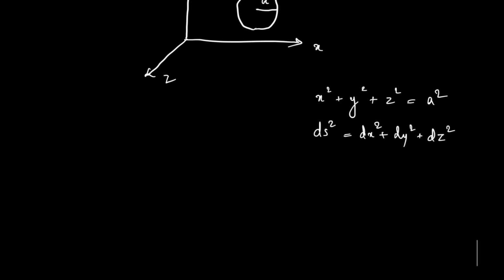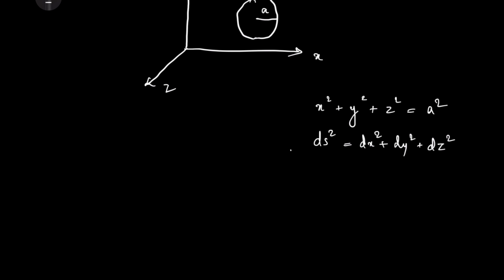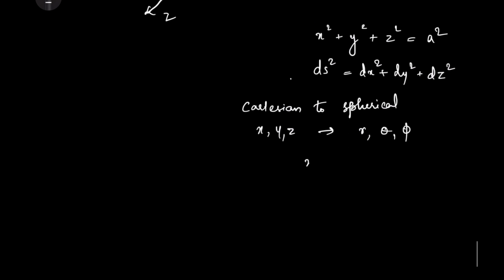If I do some coordinate transformation, for example, from this xyz to r theta phi, from Cartesian to spherical coordinate, then x will be r sin theta cos phi, y will be r sin theta sin phi, and z will be r cos theta.